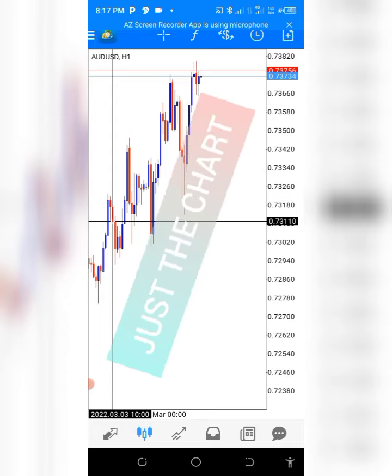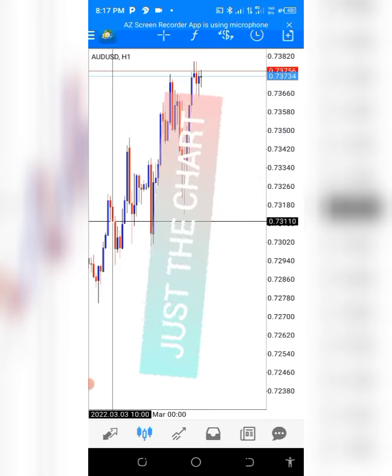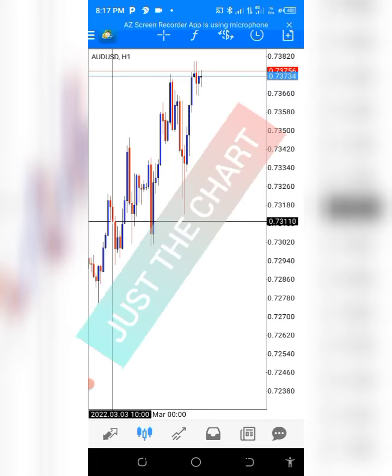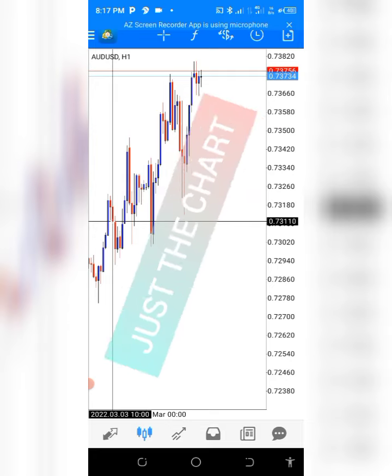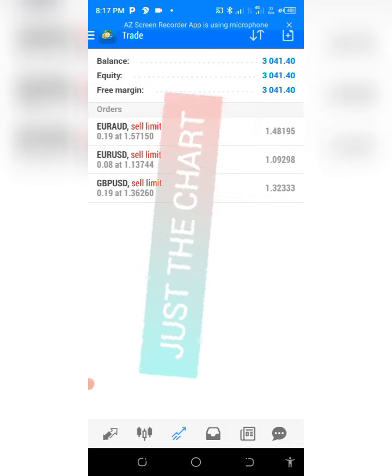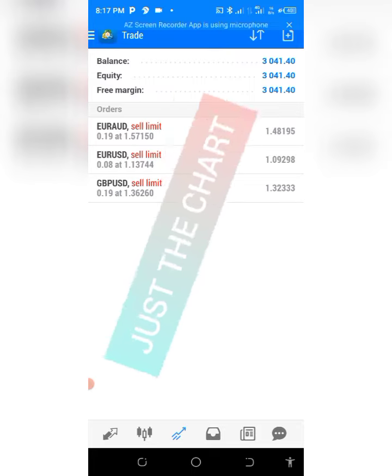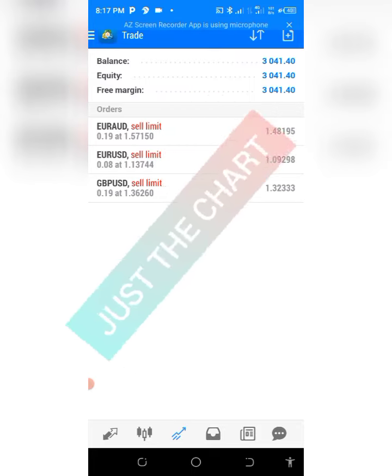And someone who uses a micro lot size and wants proper risk management, on a $100 account, you can use a micro lot size. It is being considered as proper risk management. While a standard lot size, which contains 100,000 units, you should be using on an account size of about $10,000 and above.